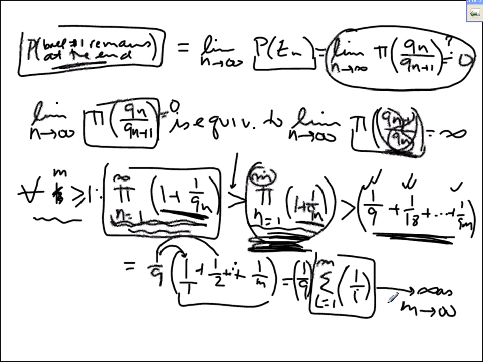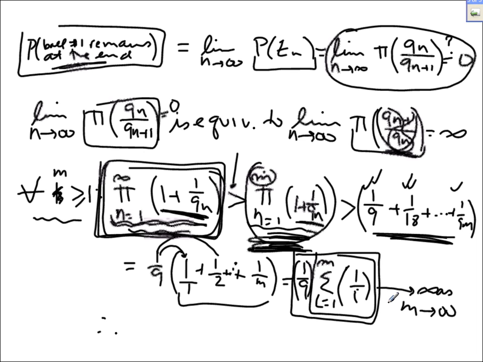That is, this here goes to infinity. But this is bigger. Therefore, the product as n goes from 1 to infinity of 1 plus 1 over 9n is infinity.